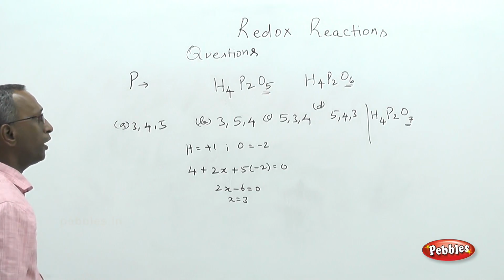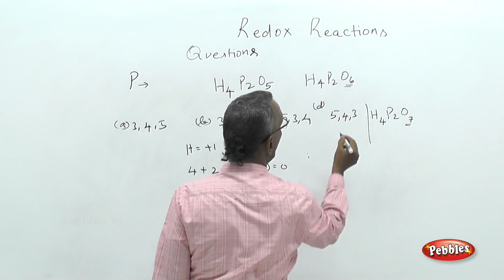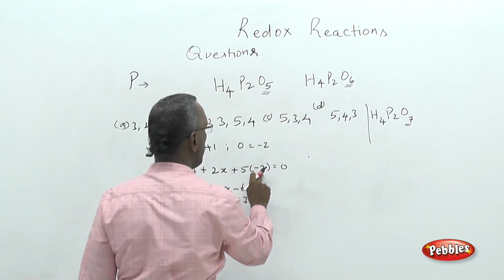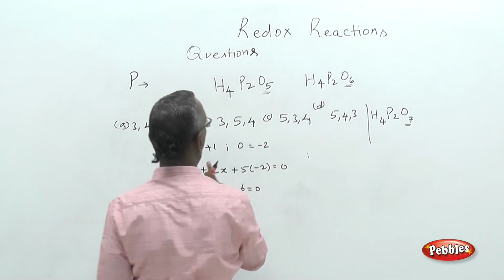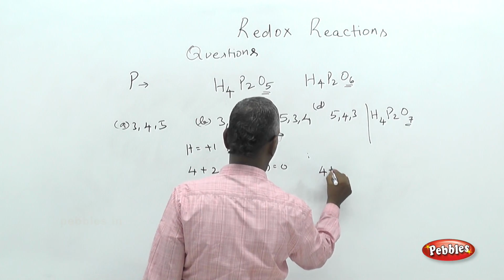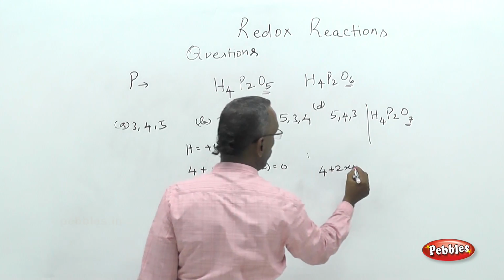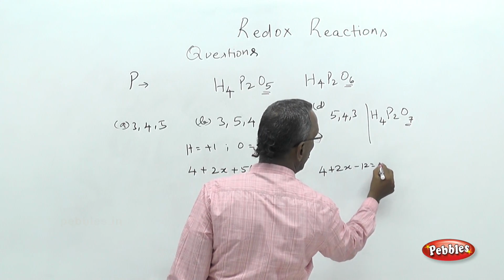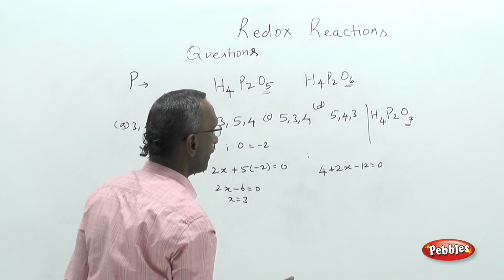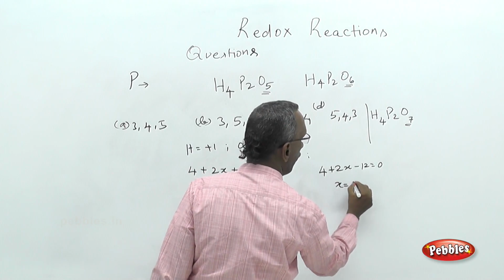Similarly, for the next case, there is one increase in oxygen, whose value is minus 2. Otherwise it is the same: 4 plus 2x. 6 oxygen atoms are there, 6 into 2, minus 12 equal to 0. So 2x minus 8 equal to 0, or x equal to 4.